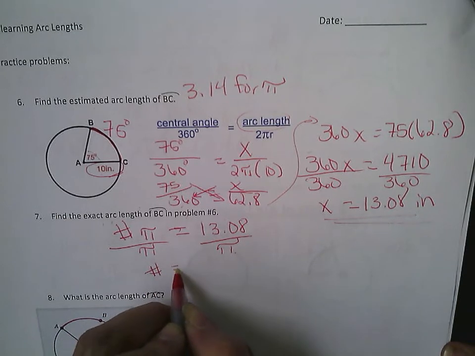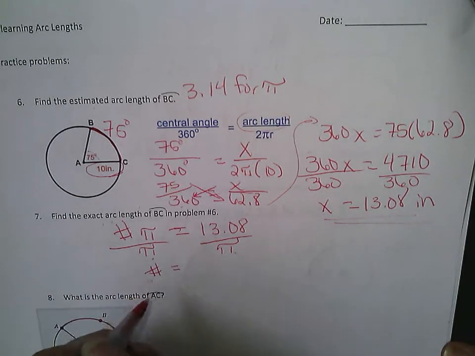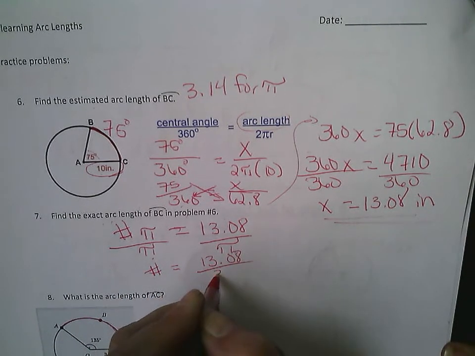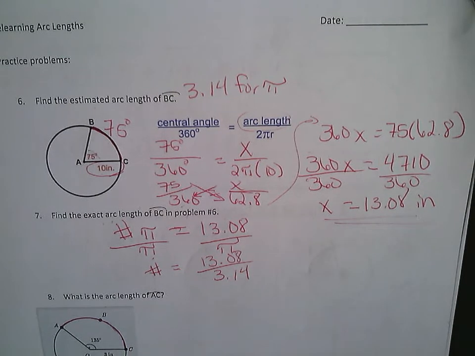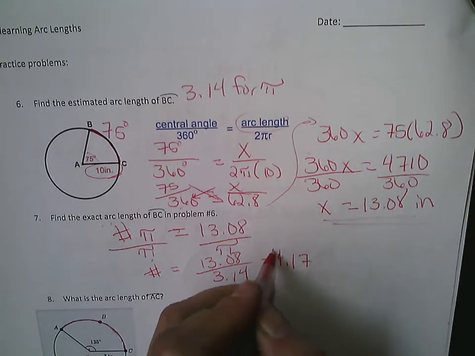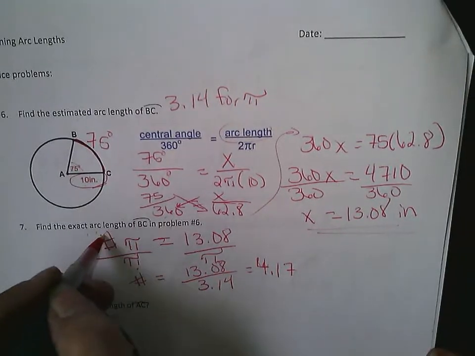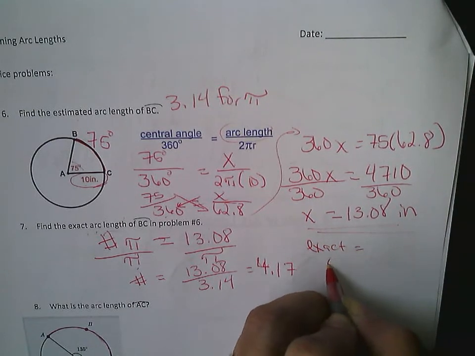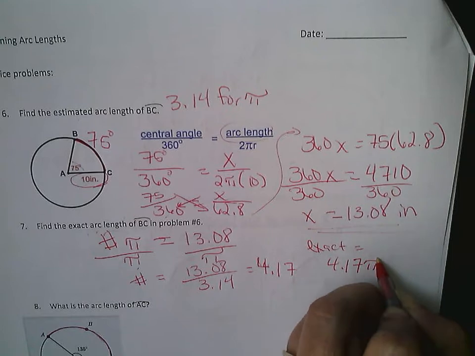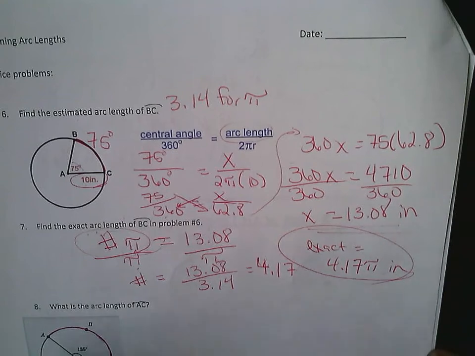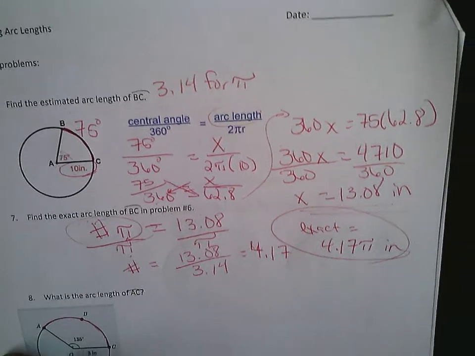That number is equal to 13.08 divided by 3.14, using 3.14 for pi. We put that together, we'll get 4.17. So what does that mean? That means the exact is equal to 4.17 pi inches. So we just plug that right back in here, and that's 4.17 pi inches.